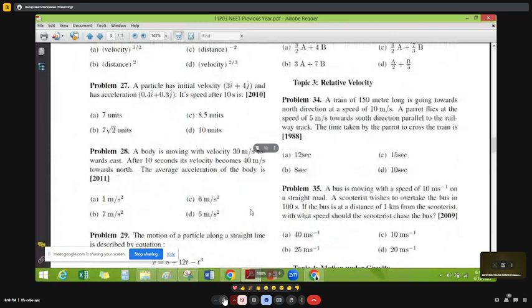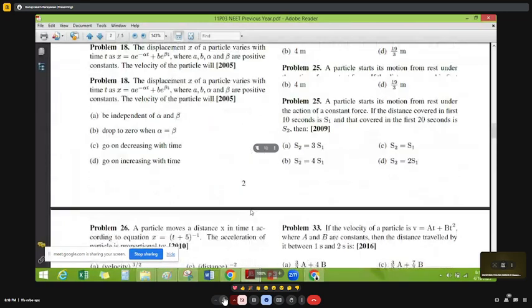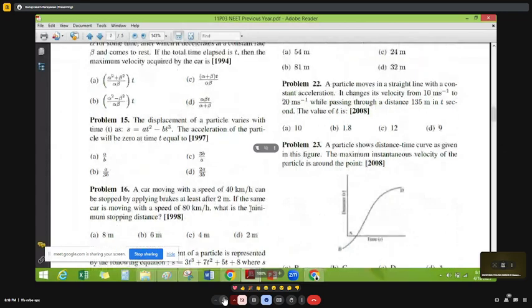Let's see how you do. Relative velocity, I think we stopped around 20, 22, 23.